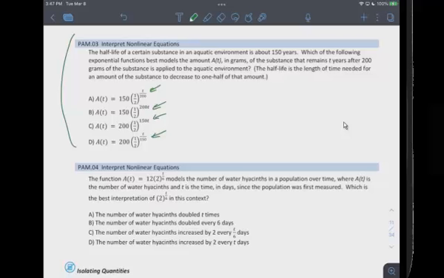So when it says the half-life is about 150, what it's saying is that it's going to take approximately 150 years to get half of the value that originally started. And that's the only one that shows that. It's going to take 150 years for that half to occur.